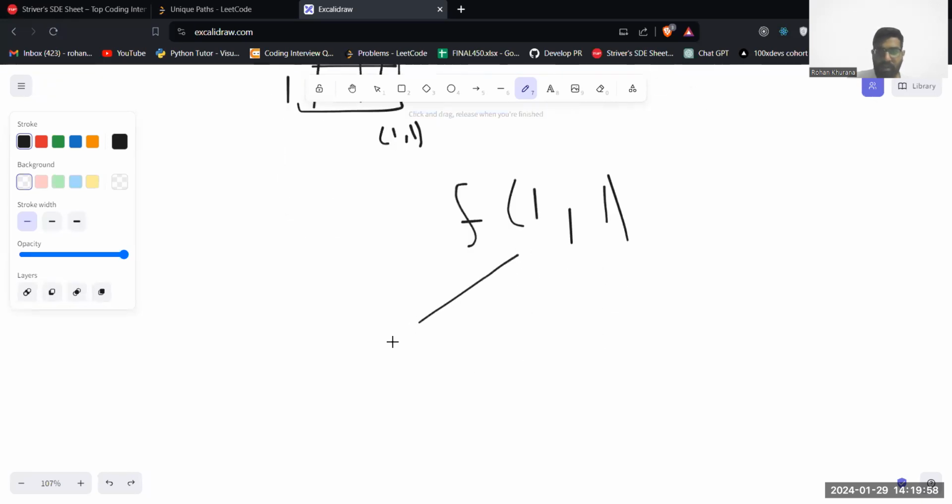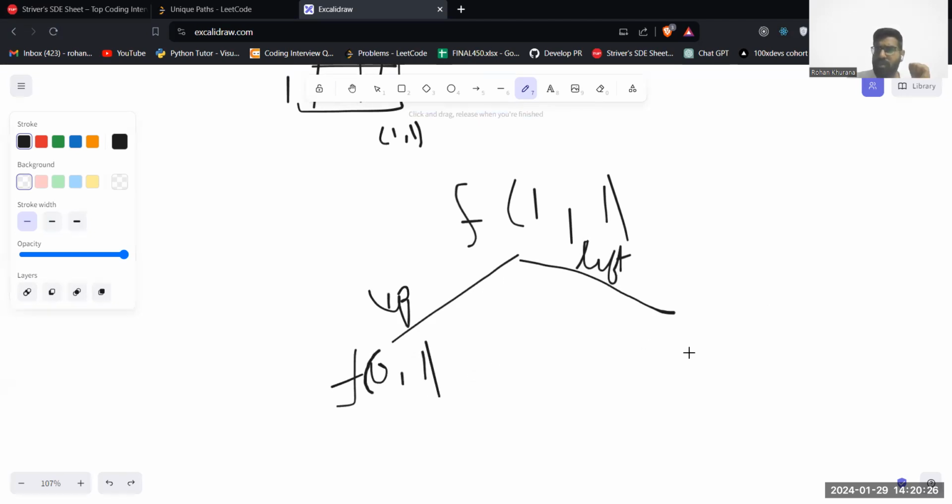Great. Now, there are two things that this point can do. Either it can go up or it can go left. I don't think you have any problem in this, right? So to go up, I think you already know that the row will reduce. So we say 0, comma 1, right?